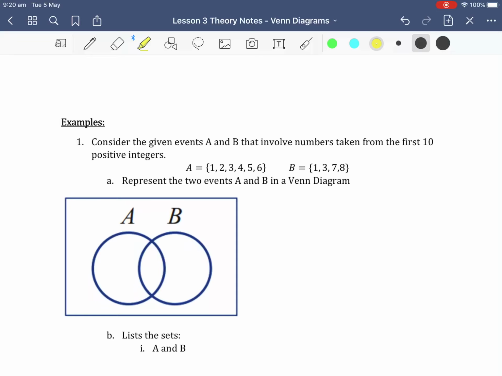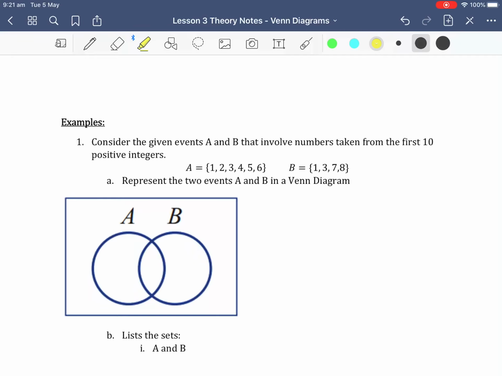Consider the given events A and B that involve numbers taken from the first 10 positive integers. What we want to do is first represent the two events A and B in the Venn diagram. To do this, we're going to write the numbers in the Venn diagram where they belong.